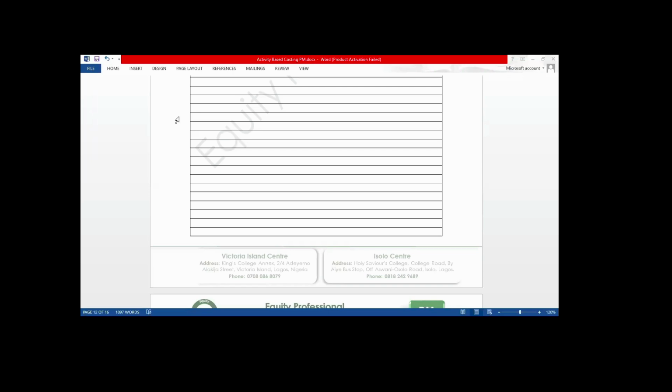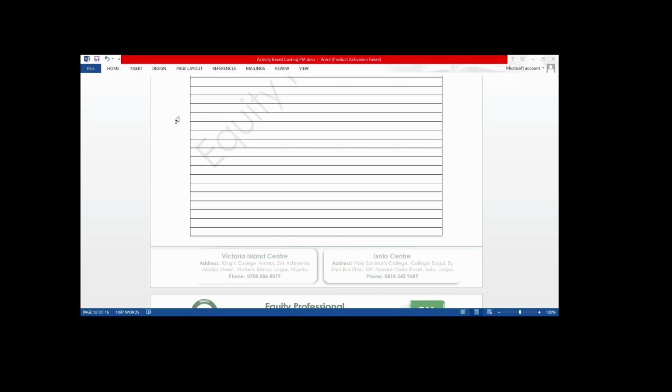Let us assume Nigerian Bottling Company has incurred a factory rent of 1 million. At this factory, the company manufactures Coca-Cola, Fanta, and Sprite. Now the question we have to resolve as accountants is, how do we apportion this factory rent to the three products involved?